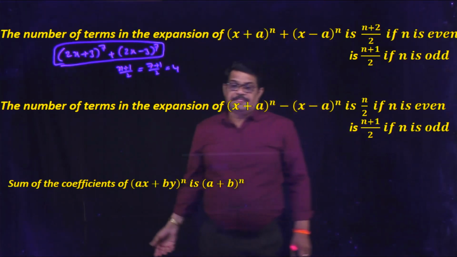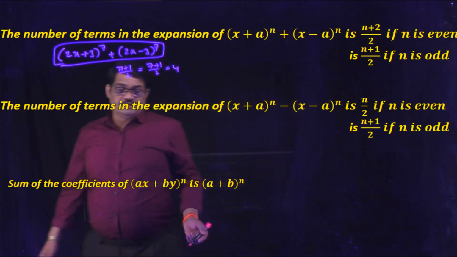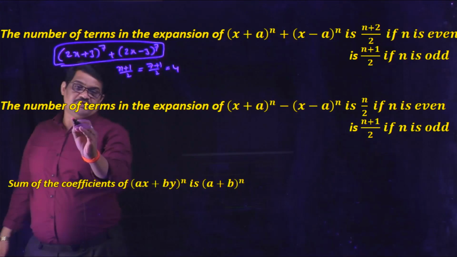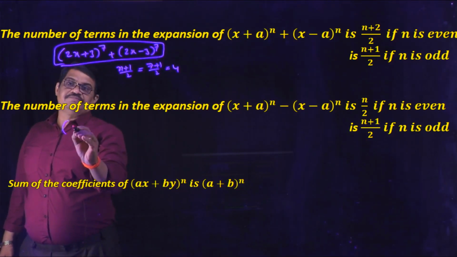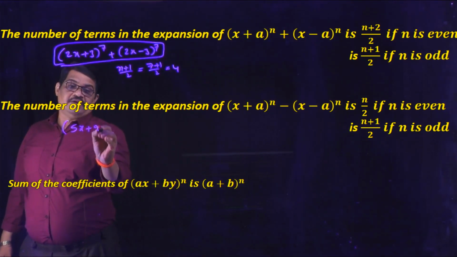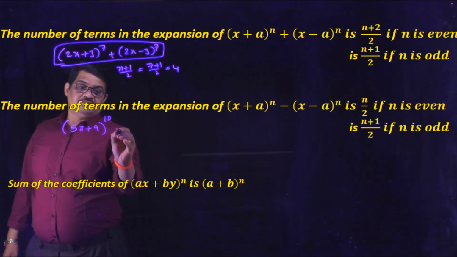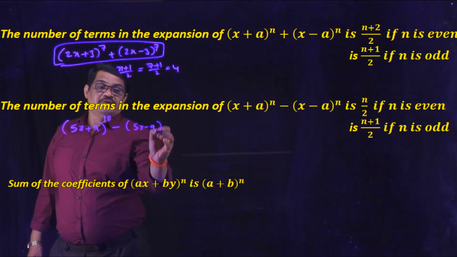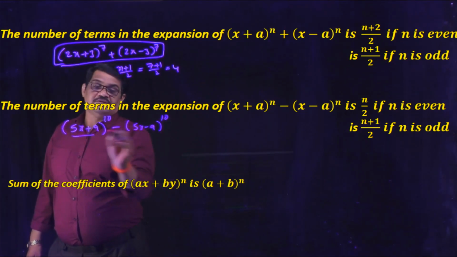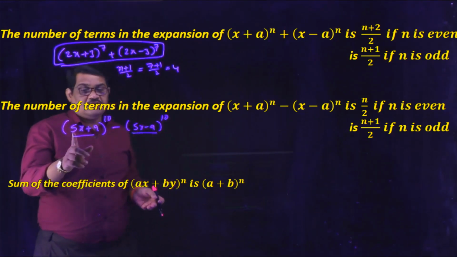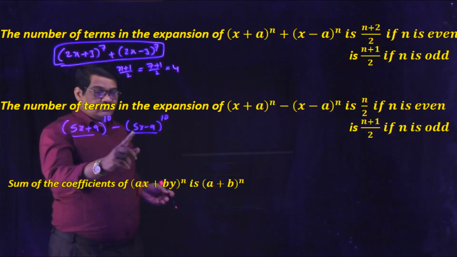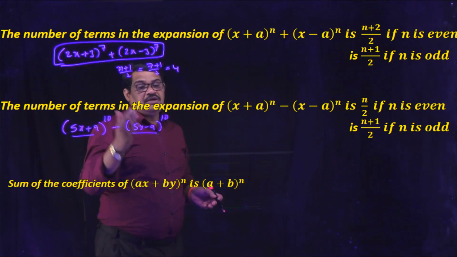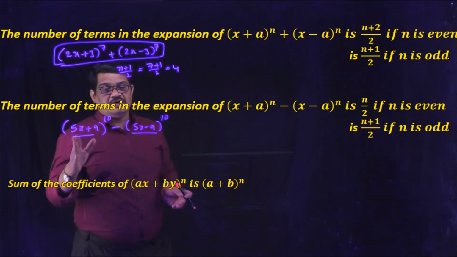In that expression, for the total number of terms, suppose you take (5x + 9)^10 - (5x - 9)^10. These are similar values: 5x + 9 and 5x - 9, that is x + a and x - a.